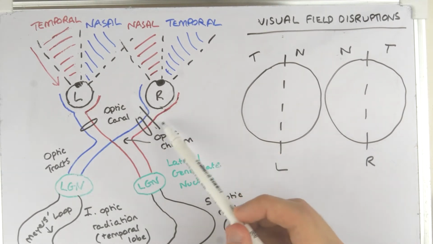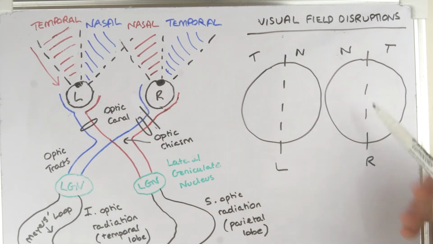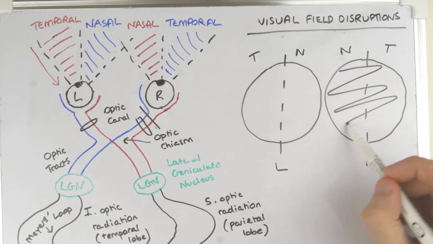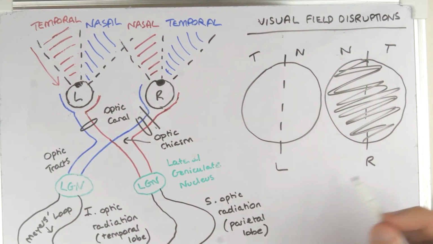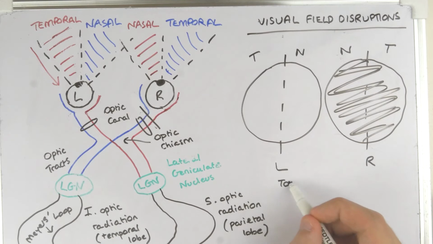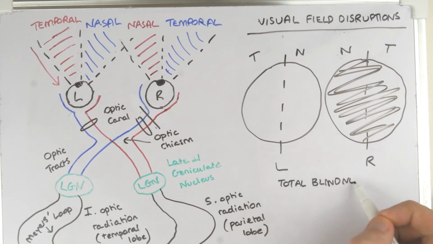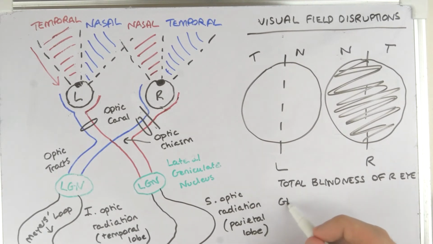And because this is a lesion of the right eye, we simply get complete one-sided blindness. The right eye doesn't see anything, so this is total blindness of the right eye.